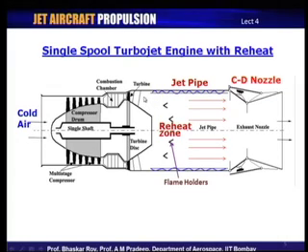What happens is that the gas coming from the turbine, a little bit of it goes into these liners. Those are also very hot gases anyway, but the body of the jet pipe is designed to withstand those kinds of hot gases, but not the very high temperature now being produced through reheat.